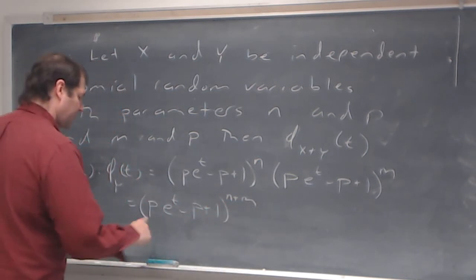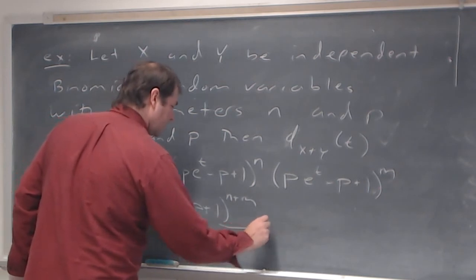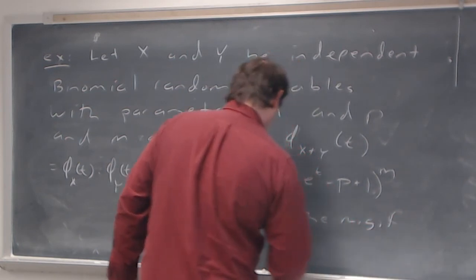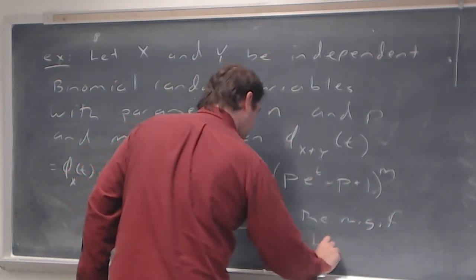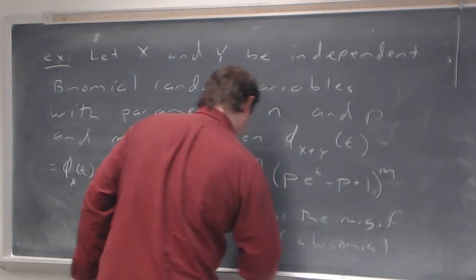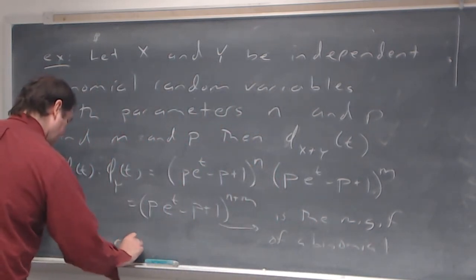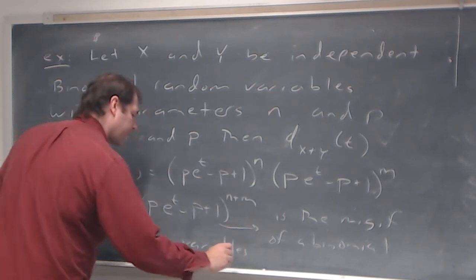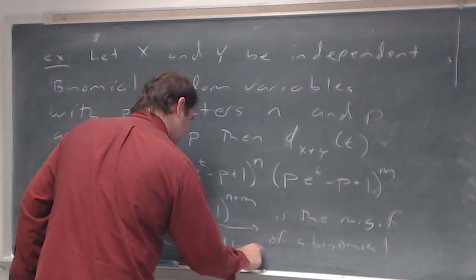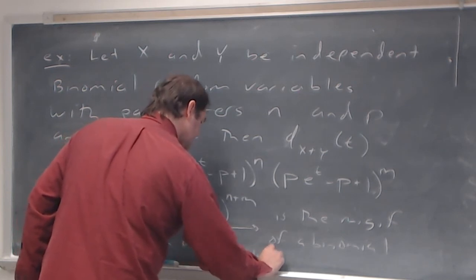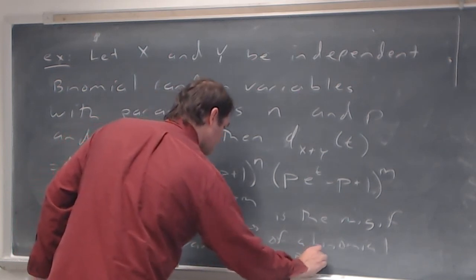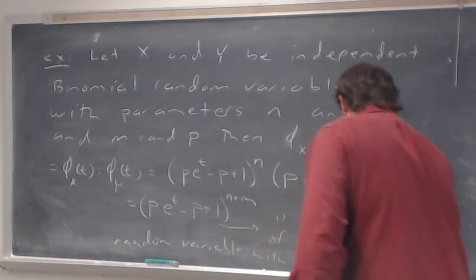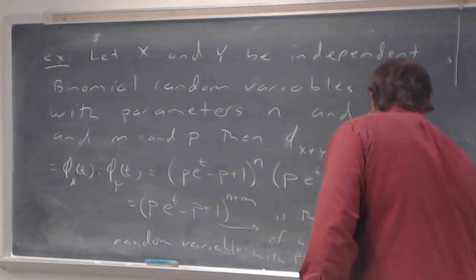And here's what I want to tell you. This is the moment generating function of a binomial random variable with parameters n plus m and p.